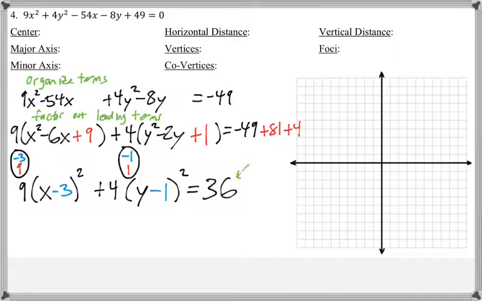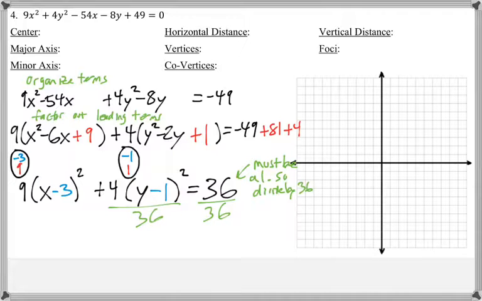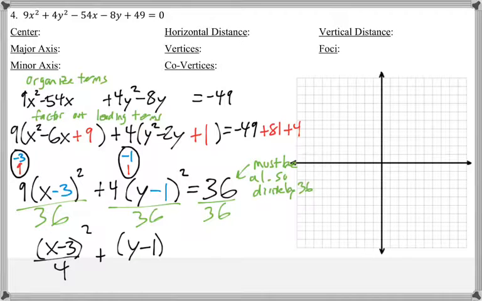So we're almost there, but this must be a 1. So I need to divide by 36. And that'll make this x minus 3 squared over 4 when you reduce this fraction, plus y minus 1 squared over 9 is equal to 1.